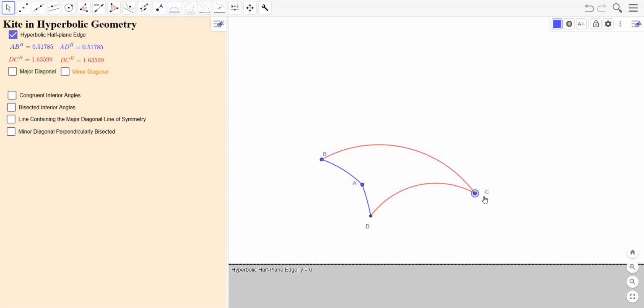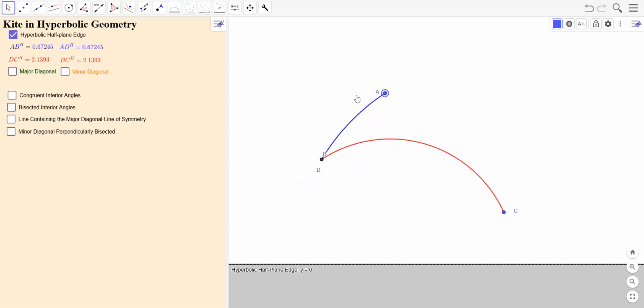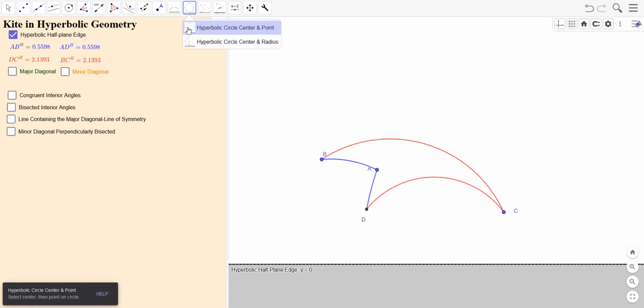We start with points A, B, and C, which can be any free points, placed anywhere. Looks like this is breaking in some places here, but they can be basically anywhere. And to get D, we found it by getting two circles: one centered at A of radius AB, and one centered at C of radius BC, and they intersect, of course, back at B and only at D. Let's actually draw those circles in, just so you can see what we're doing.